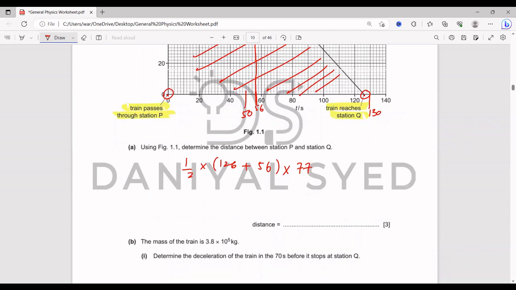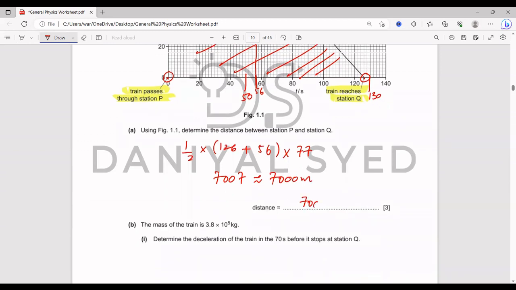So the value is 0.5 times (126 plus 56) times 77. The answer is 7007, which rounds off to 7,000 meters. So this is the distance between the two stations.